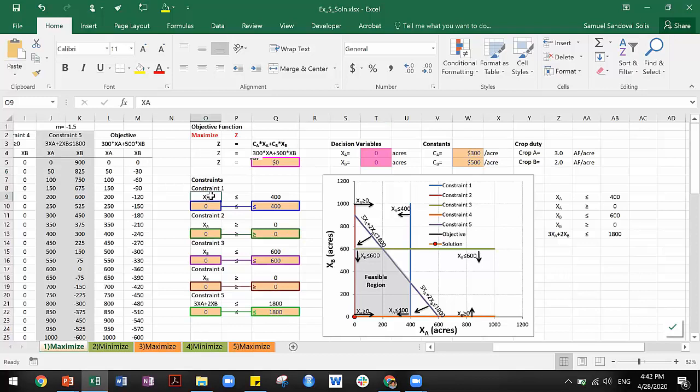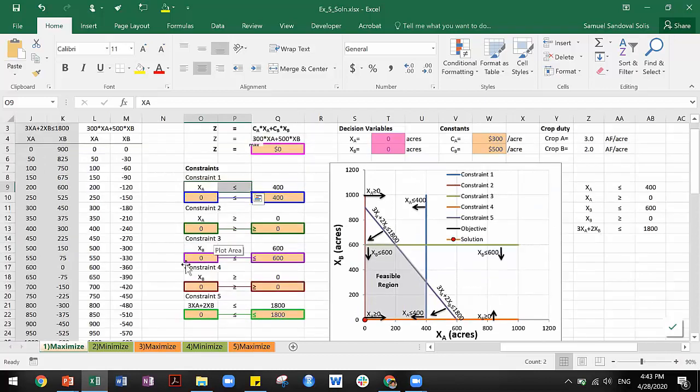We have generated this constraint that xa has to be less than 400. Similarly, greater than 0, xb less than 600, greater than 0, and 3 xa plus 2 xb is 1800, okay? And these are the profit per acre.